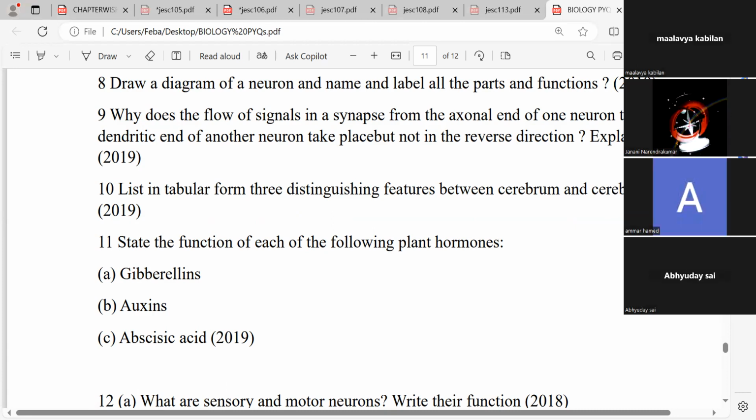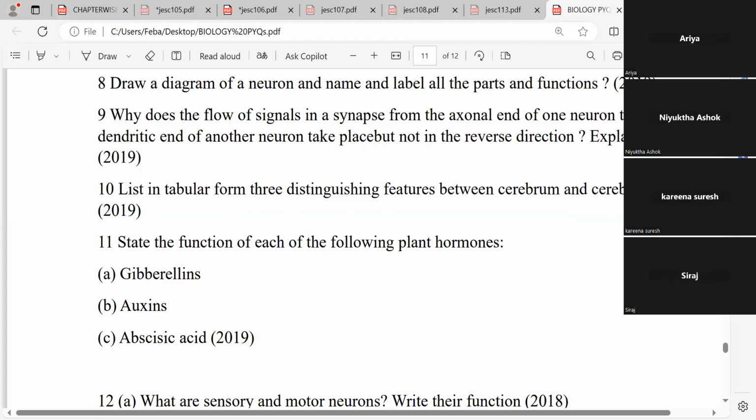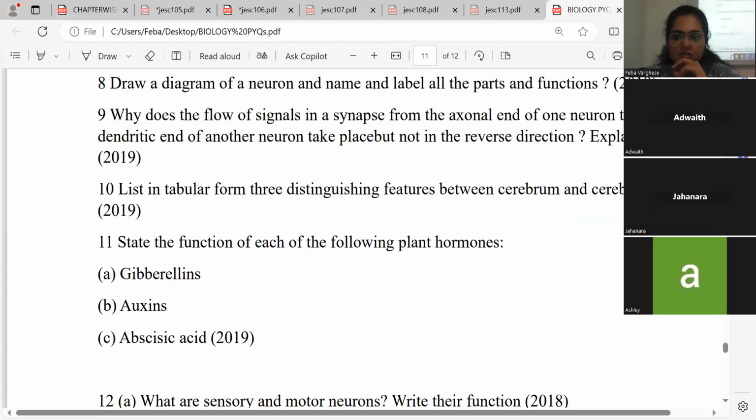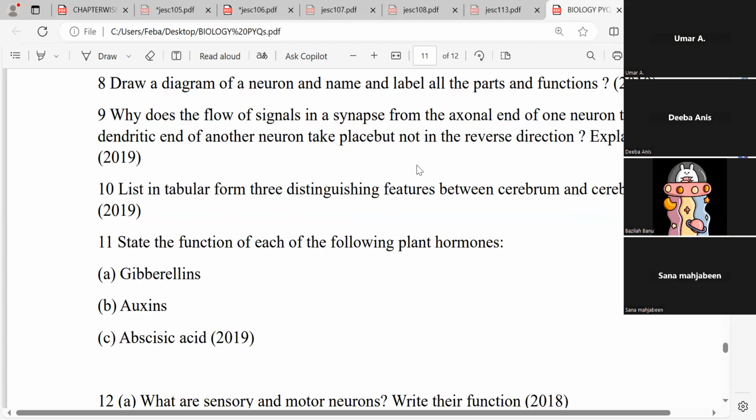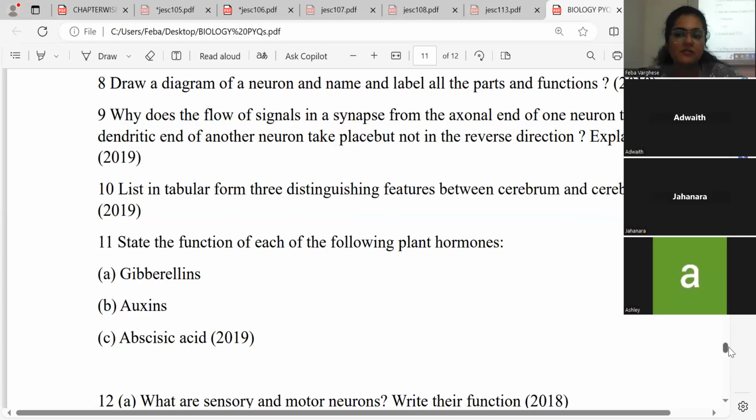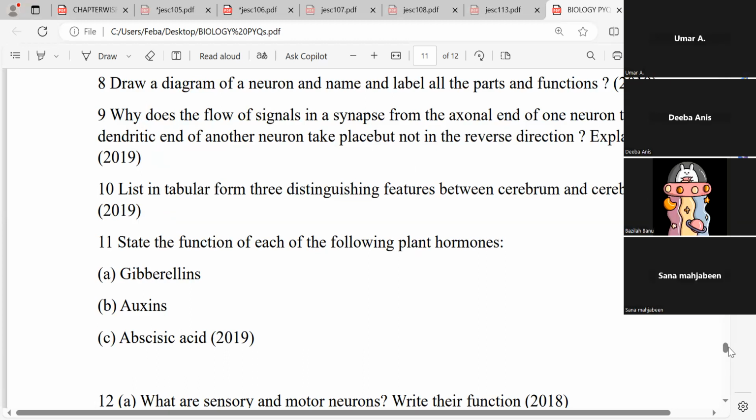Anybody, online students? Why is the impulse transmission not happening in the reverse direction? Ashley. It's a unidirectional synapse. Yes, Ashley. Simple question. Come on.